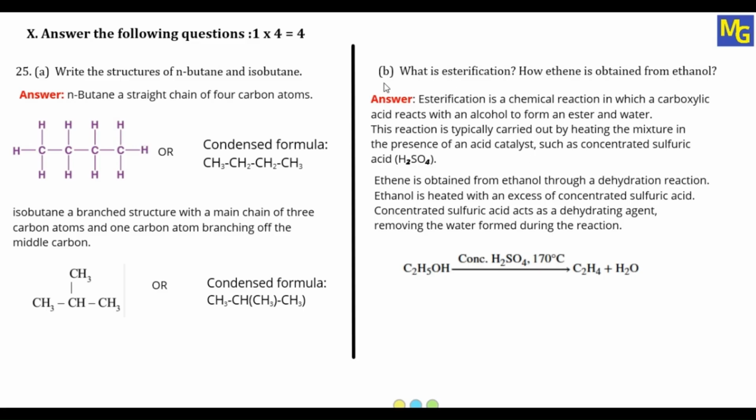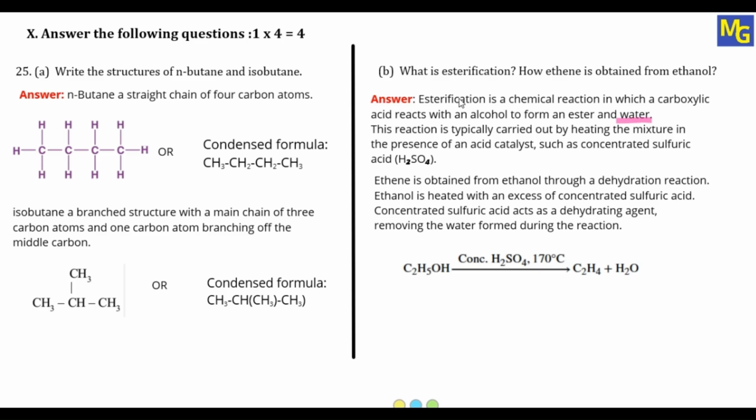Now it is question B. What is esterification? How is ethene obtained from ethanol? So first we will write the definition of esterification. It's a chemical reaction in which carboxylic acid reacts with alcohol to form ester and water.